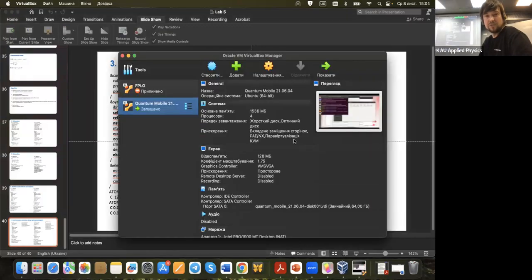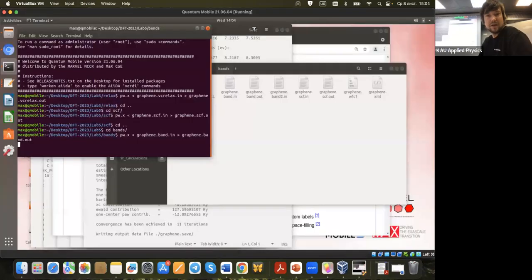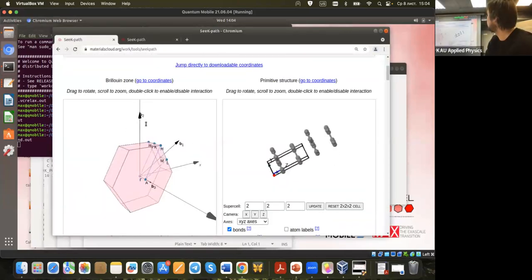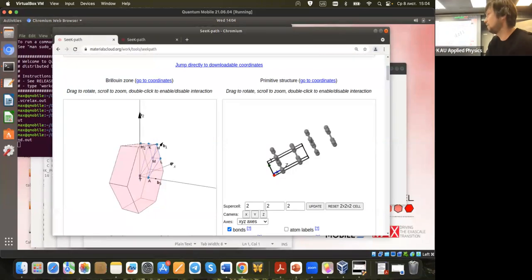It was imported for bulk, but here we don't have any bulk. For graphite, our path was gamma M K gamma, and then we moved to the border of this Brillouin zone to A, and then we have A, L, H, A.